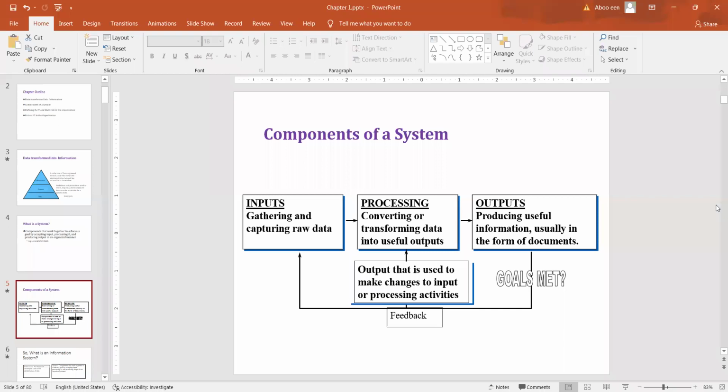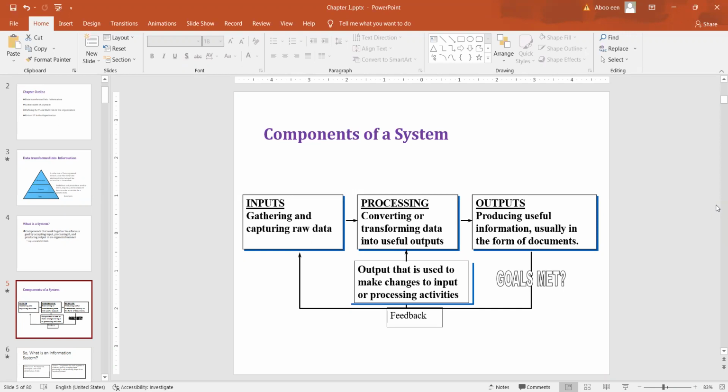If you want the report in an organized manner, in ascending order or descending order, or if you want to extract particular customer information or a particular product information, there are some instructions or feedback. If we incorporate this feedback into the processing, we can get the desired or required document or information.